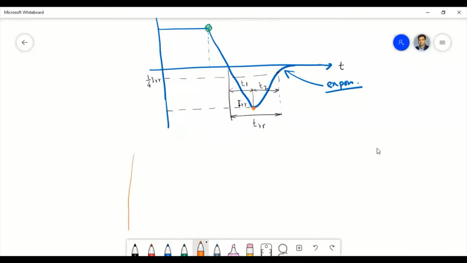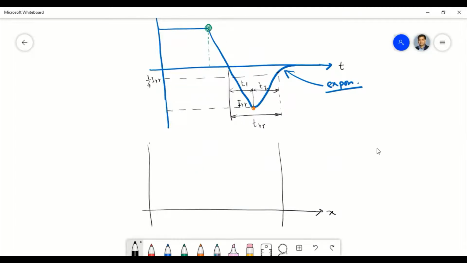Let's draw this. Suppose these are the two junctions: this is P plus and N minus, and this is the N minus and N plus junction.